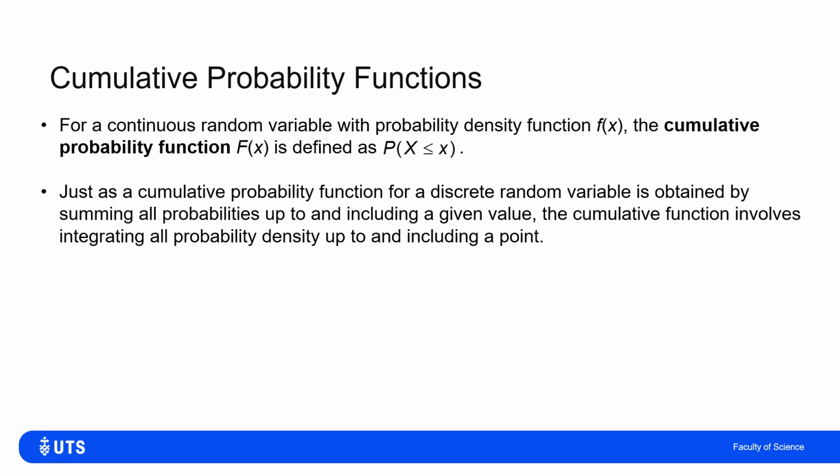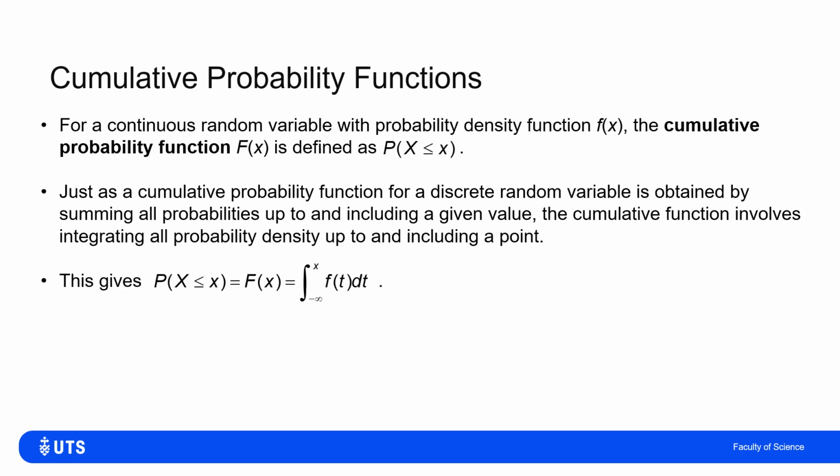I can't add these uncountable number of points, but the equivalent of summing would be integration. So I'm integrating the probability density all the way up to the point that I might be interested in.